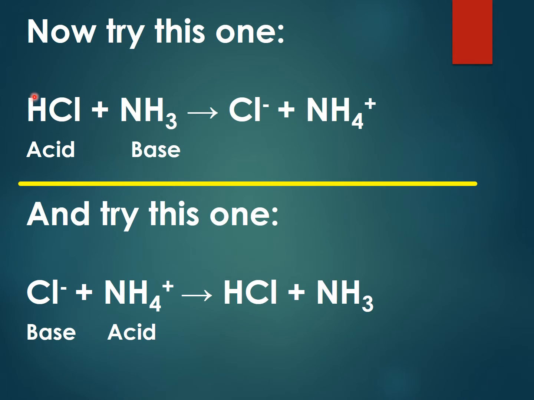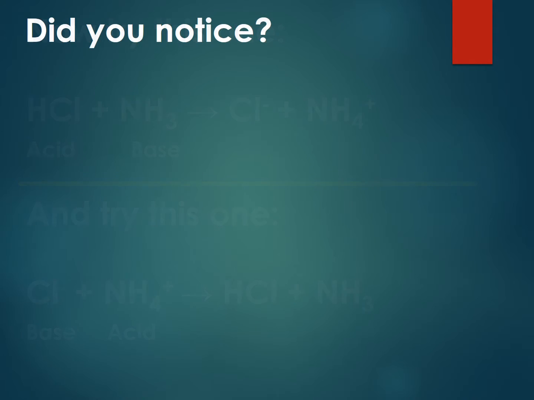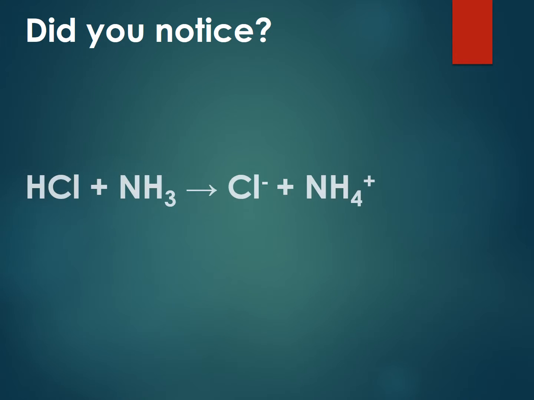So where it leaves from is the acid, and where it goes to is the base. If we look at this, we have the Cl- and the NH4+. Here the NH4+ gives an H to the Cl-, which makes NH4+ the acid and Cl- the base. Now, what you may have noticed is that this is the same equation written forwards and backwards.